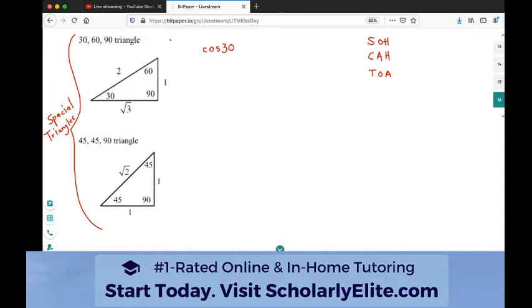So if we're talking about 30 degrees, we know that cosine is going to be root 3 over 2. And we know that the sine of 30 degrees is going to be the opposite over the hypotenuse, which is 1 over 2.